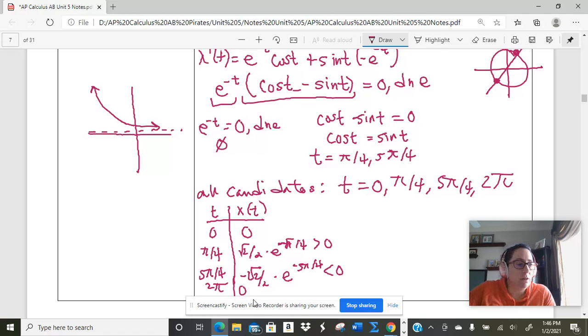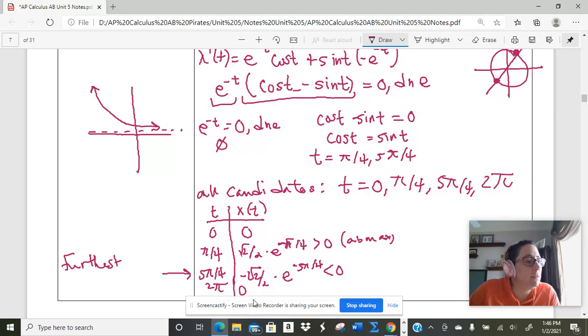So if I'm to look for the absolute minimum, it has to happen right here. This would have been an absolute max because it was the biggest output of all of them. So we are furthest to the left. Did it want the farthest value or just where we are?